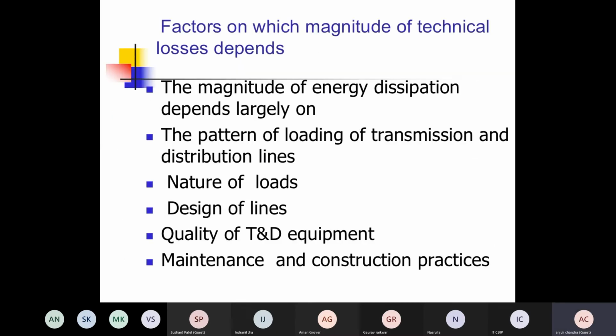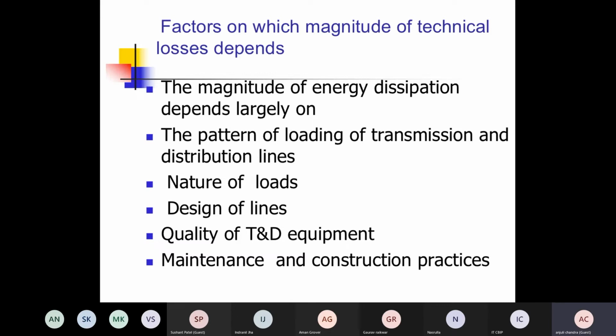The magnitude of technical losses depends largely on the pattern of loading of transmission and distribution lines. Lightly loaded, heavily loaded or medium loaded. So the loading will decide the current flowing through the line, and it will also decide I square R. Nature of loads.